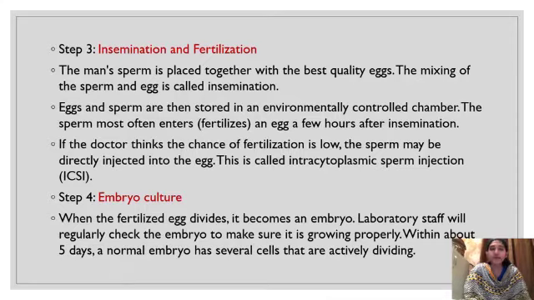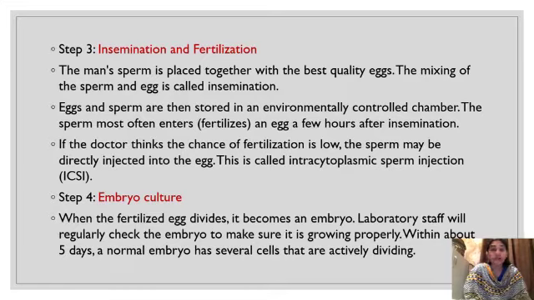Now here I have mentioned one point, that if the doctor thinks the chance of fertilization is very low, the sperm is directly injected into the egg's cytoplasm. So basically in in vitro fertilization, what is done?